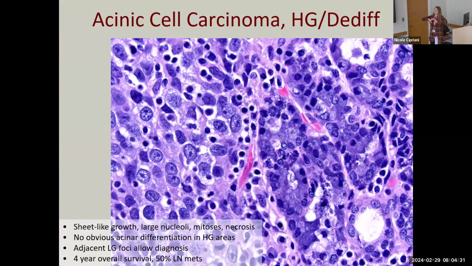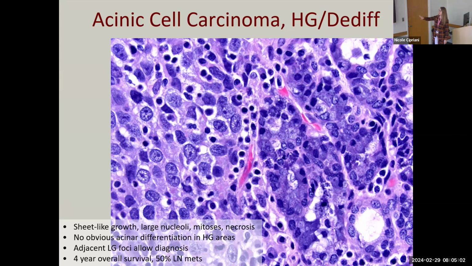When you read about salivary gland dedifferentiation or high-grade transformation, remember that pretty much any tumor can undergo it. Pretty much any tumor ends up looking like sheets of an undifferentiated epithelioid high-grade malignancy, with mitoses, often with prominent nucleoli. Other things you look for are PNI, LBI, et cetera.